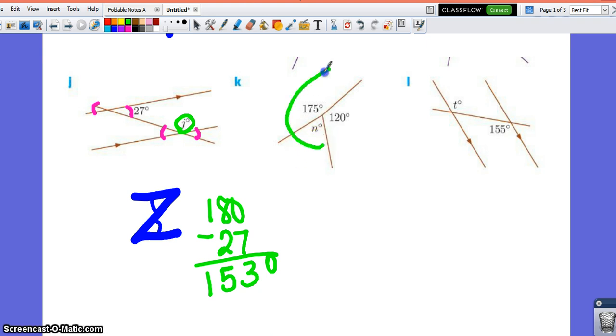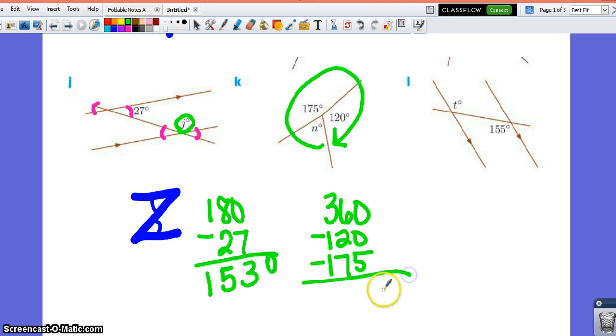A complete circle is 360 degrees. So you have 360 degrees for the circle, minus 120, minus 175. So whenever you take that and you subtract it, you get 65 degrees.